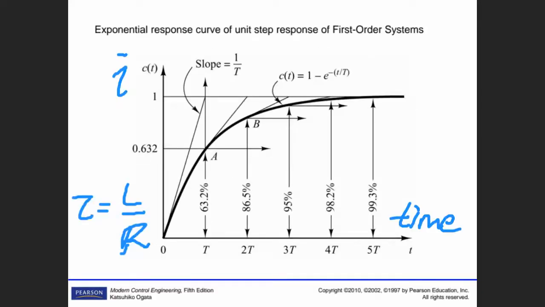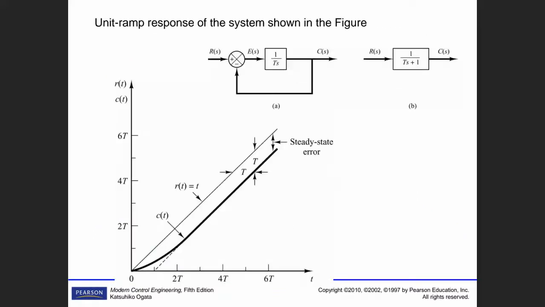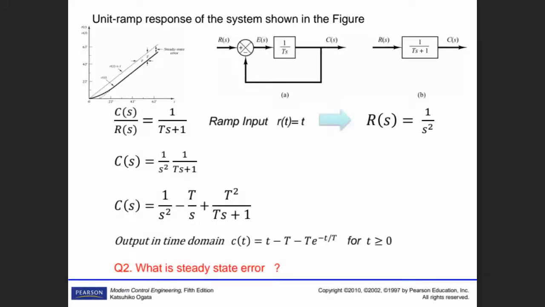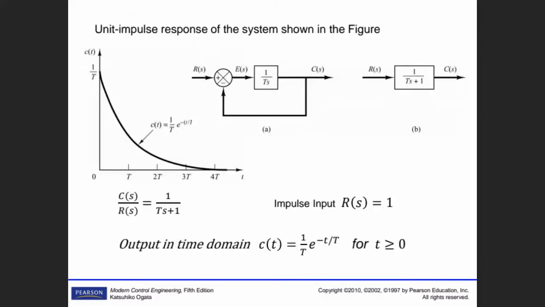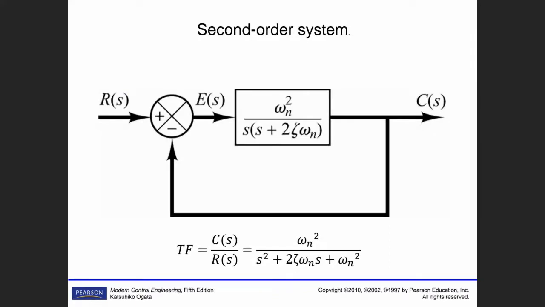This is a step response, by the way, and that is your ramp response, and this is an impulse response, and that is the second order system. You just remember, we have solved the LCR network today. I just wanted to show you this one, and I'm going to leave it to Mohamed Said Hoja. He's going to give you some lecture on MATLAB. So that is the transfer function.